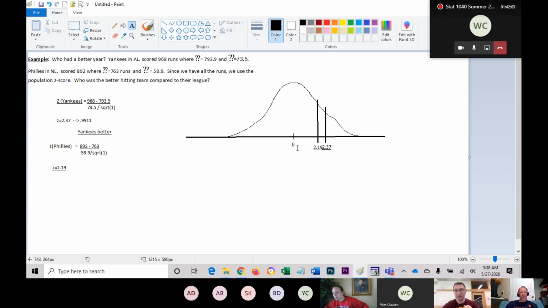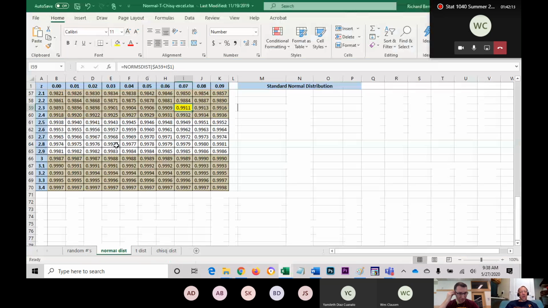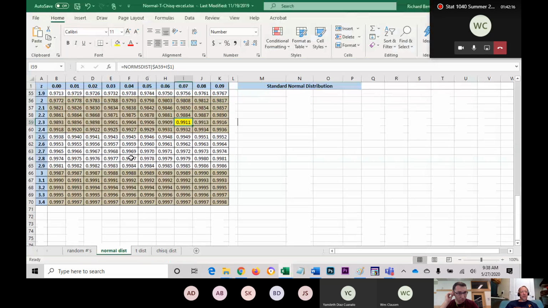All right. But we didn't figure out what the Phillies are. So the Yankees, we figured out their p-value was 0.9911. Can you guys figure out what the value is for the Phillies? I think it's 0.48. 0.48?